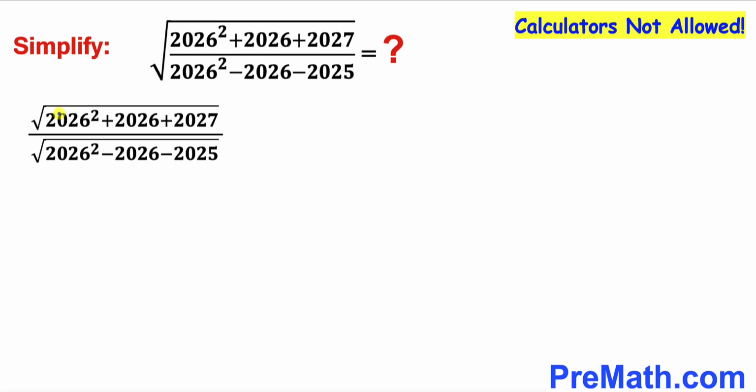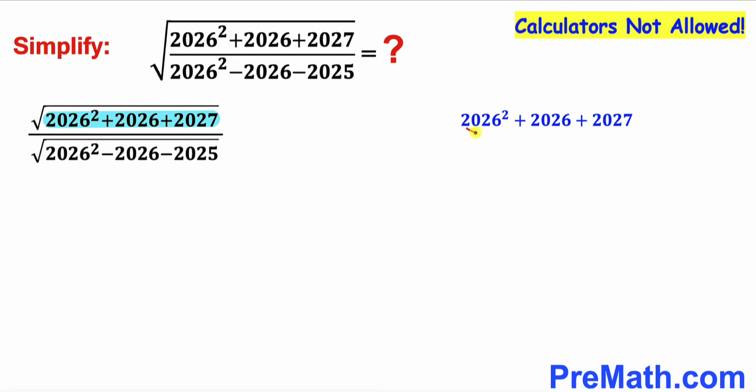And now let's focus on this radicand, 2026² + 2026 + 2027. And here I have copied it down. We are going to manipulate this expression. Let's focus on these first two terms. We can see 2026 is in common.